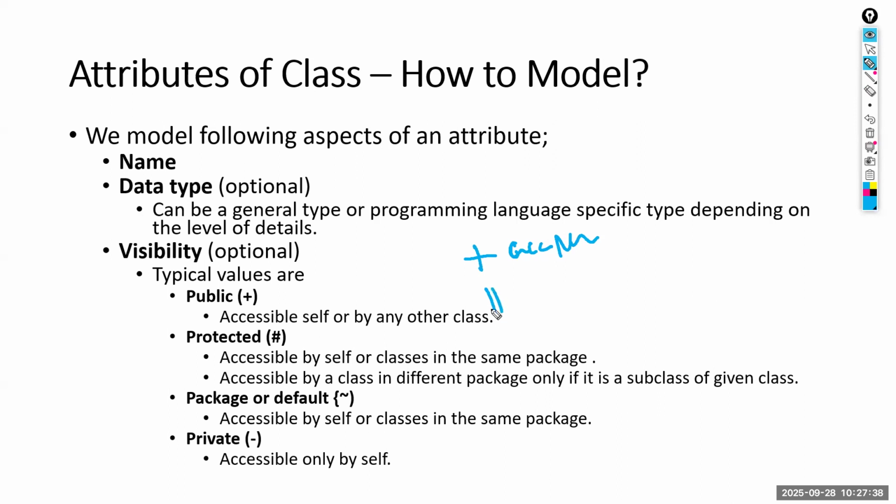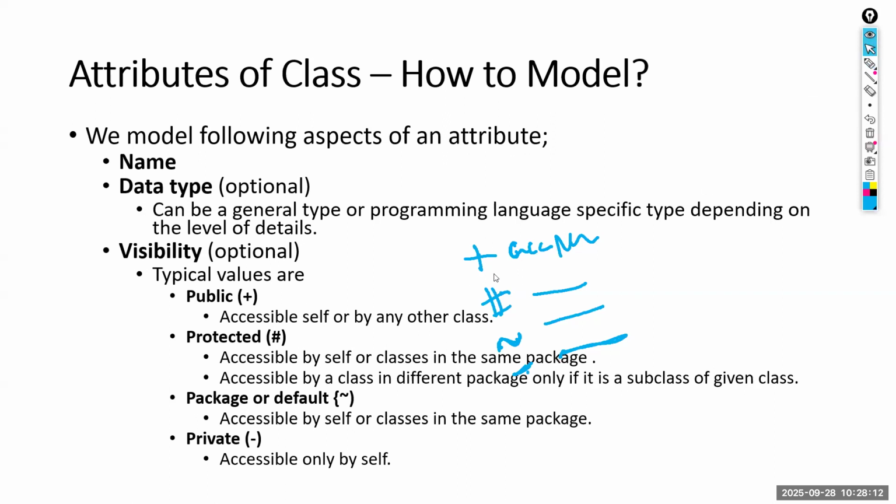If it is protected, use this and your attribute name. If it is package level, something like this, and an attribute name. If it is private, a minus mark and attribute name. Okay. Public, protected, package or default, private. And this is the same notation we use for behaviors as well. Because your behavior can be public, protected, package or default, or private.